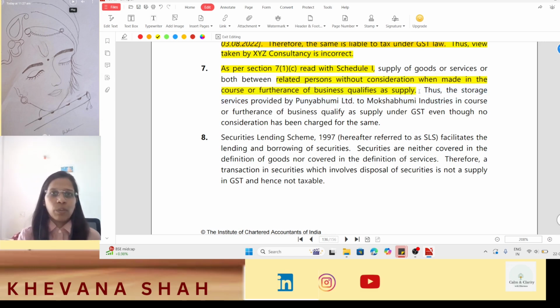So here Punya Bhumi Limited and Moksha Bhumi Industries are related persons. They are providing services or goods to each other and not giving consideration, but still as per Schedule I and section 7(1)(c), this falls under deemed supply, and so even though there is no consideration, it will be a supply under GST.